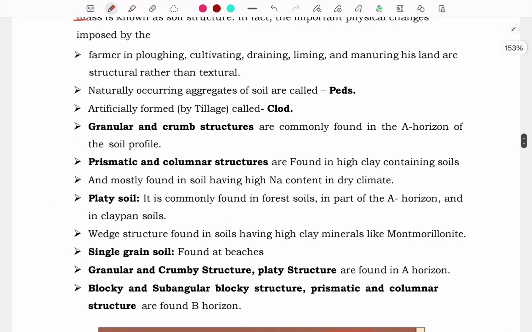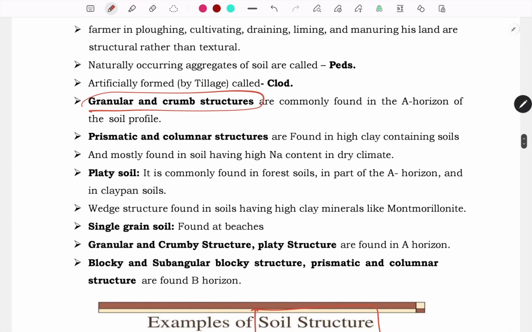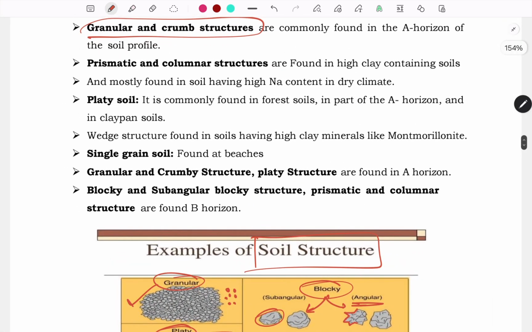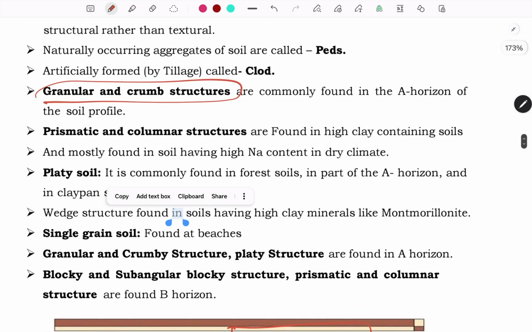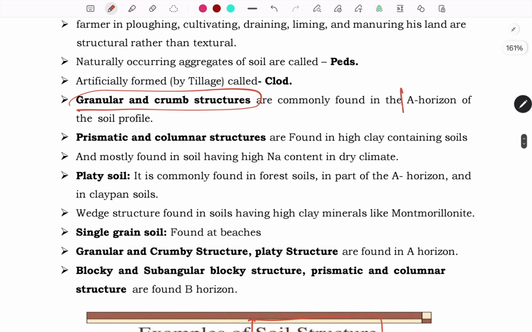We have already discussed the granular or crumb structure. This is the granular, the grain type. These types of soil are commonly found in the A horizon. We have already discussed the soil profile. The A horizon is below the O horizon, and it is the topmost mineral horizon.